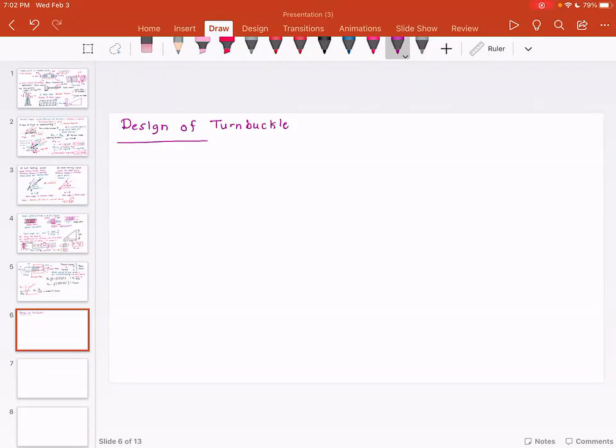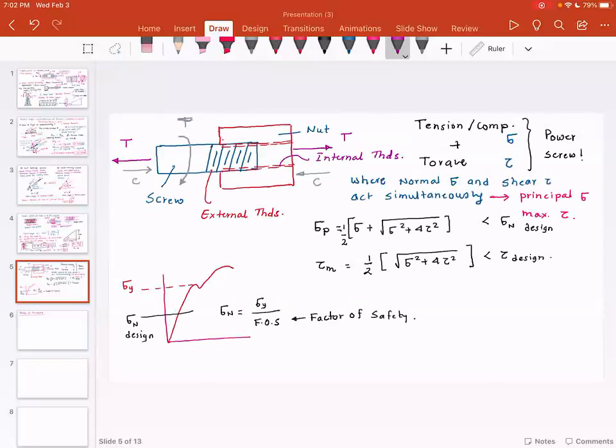And these turnbuckles are super common. For example, if you walk around the campus, you will see power lines, and to support the power lines there are steel ropes, and at the end there is a turnbuckle.